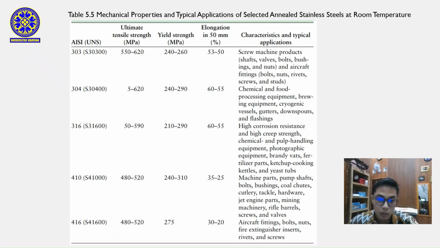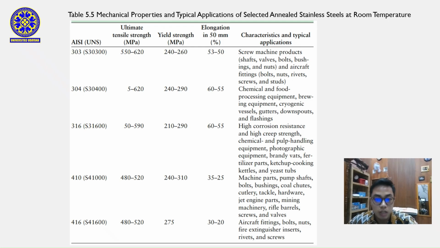This table represents the mechanical properties and common applications of ferrous annealed stainless steel at room temperature. It compares austenitic, ferritic, and martensitic grades, showing differences in strength, ductility, and corrosion resistance.